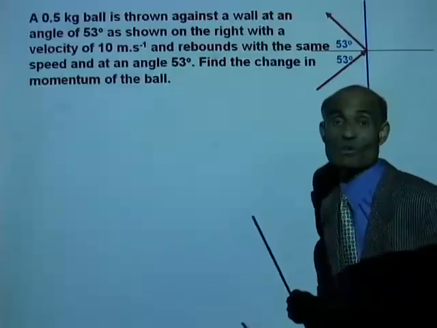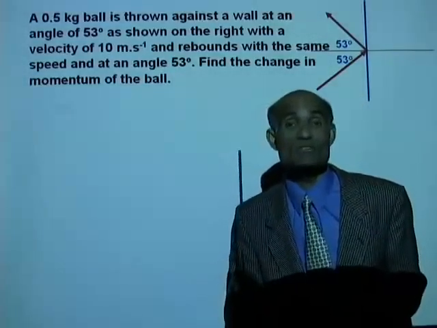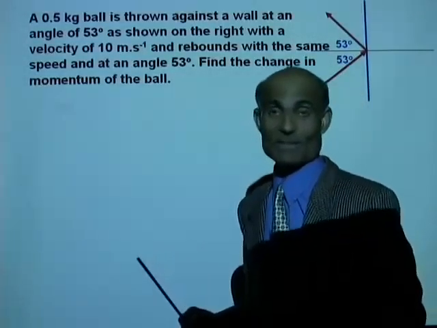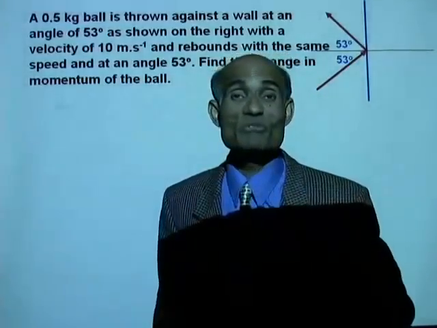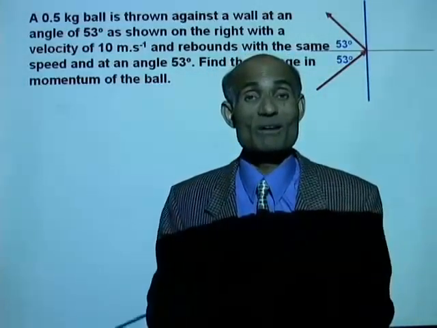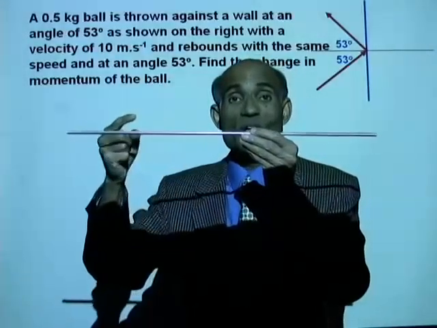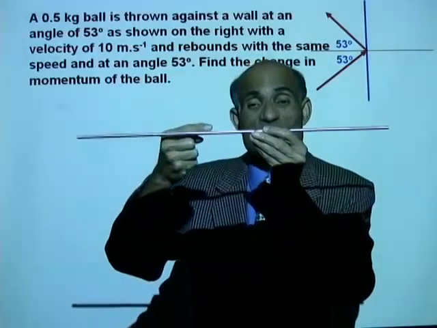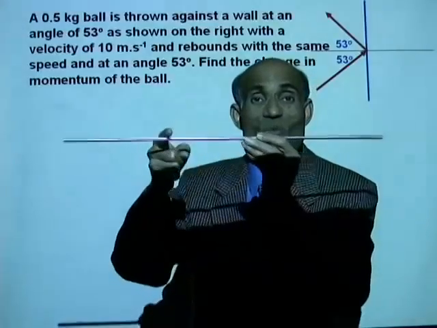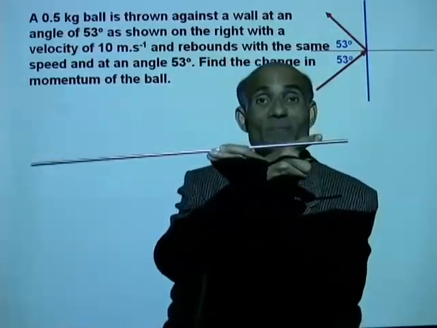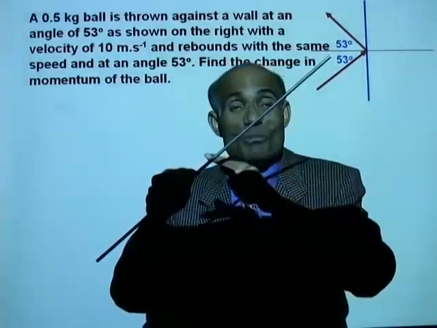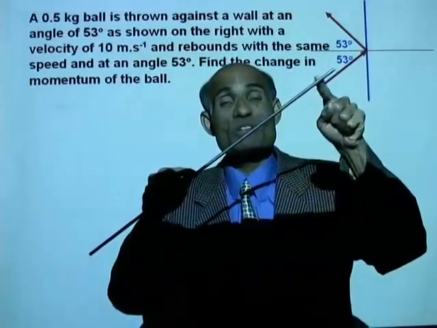Alright, this time also we need to find the change in momentum of the ball. The difference between this problem and the previous one: in the previous one, the momentum was just in one direction. It's a one-dimensional phenomenon. Whereas now, the momentum is a two-dimensional phenomenon.